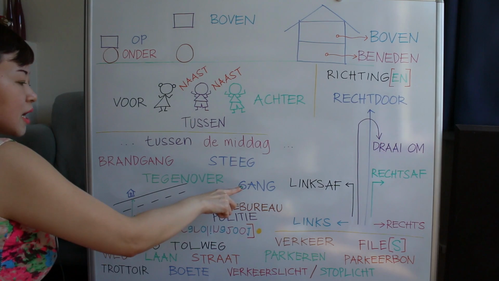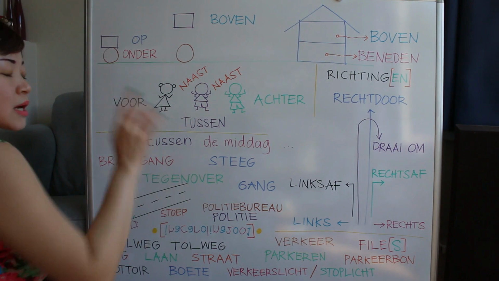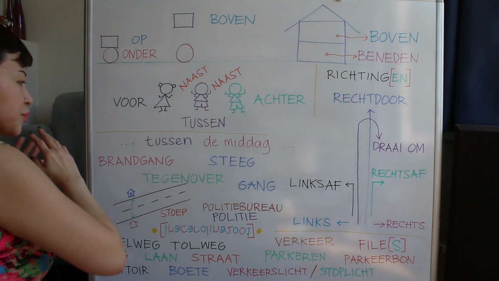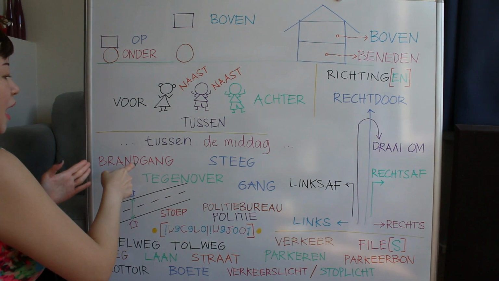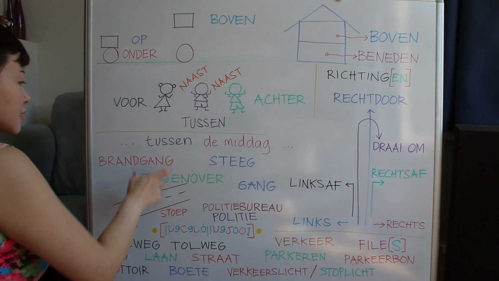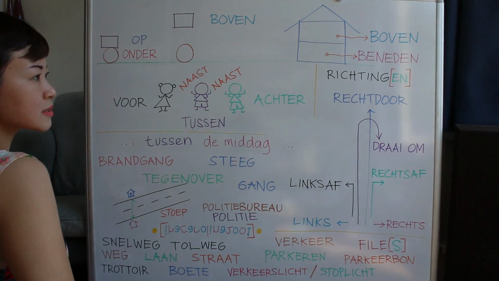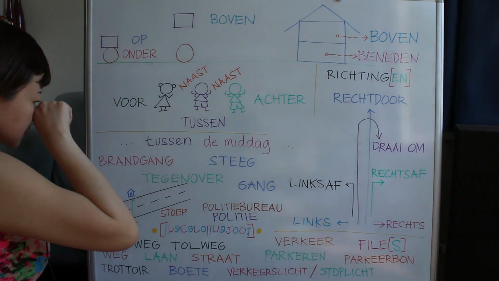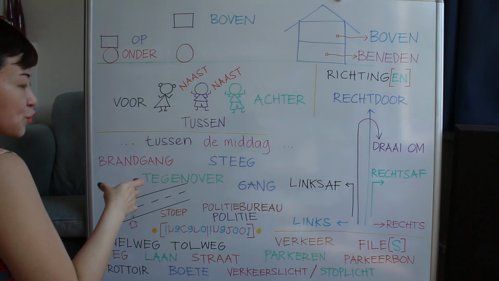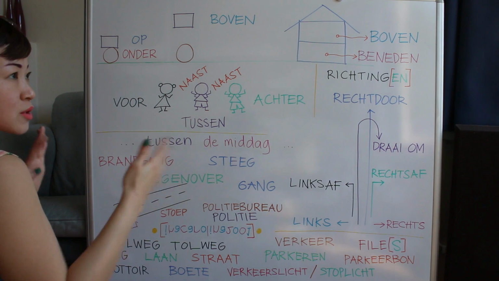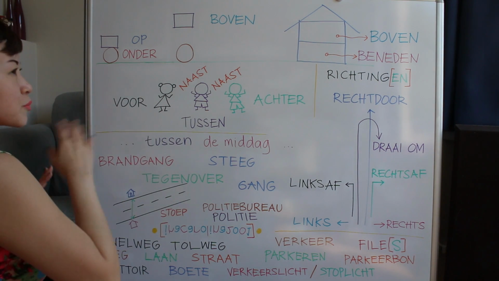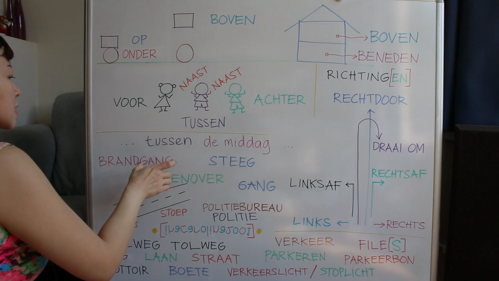But there's gang or hall that is outside the house, outside the building, which is brandgang. Brand is fire, or burn. Fire is vuur, brand is burn or fire, burning.